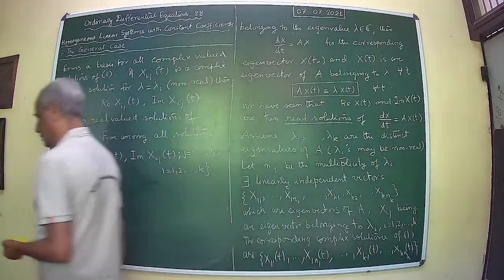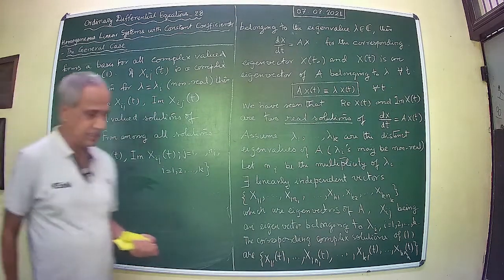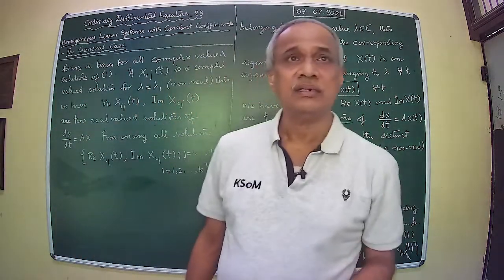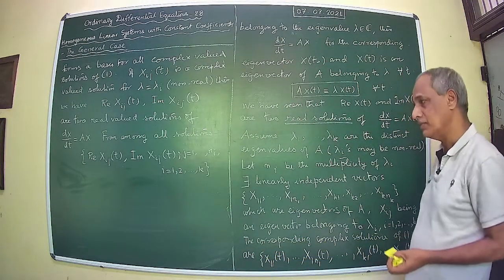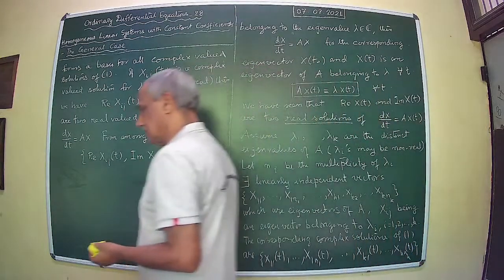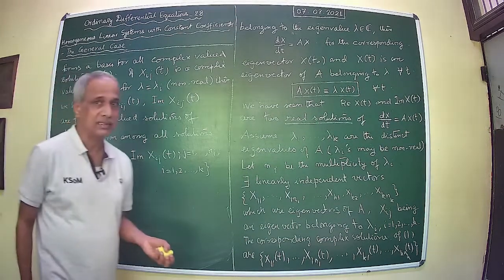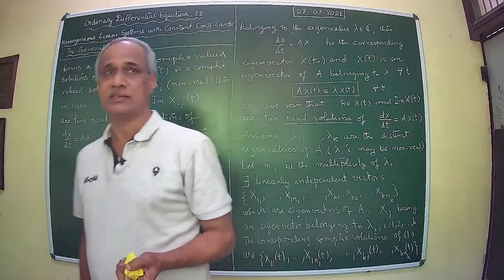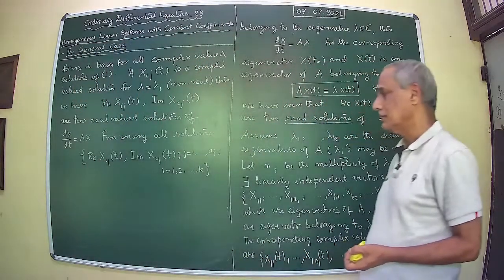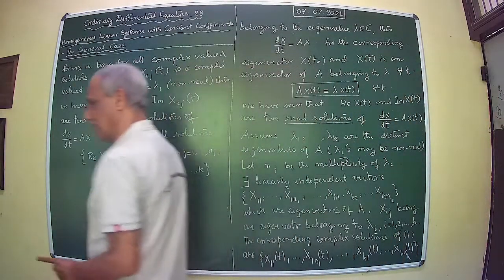The characteristic polynomial is of degree 3, and being a polynomial with real coefficients, in C you have all the 3 zeros, but you know that the complex zeros appear in conjugate pairs. Therefore, certainly one of the roots of P is going to be real.